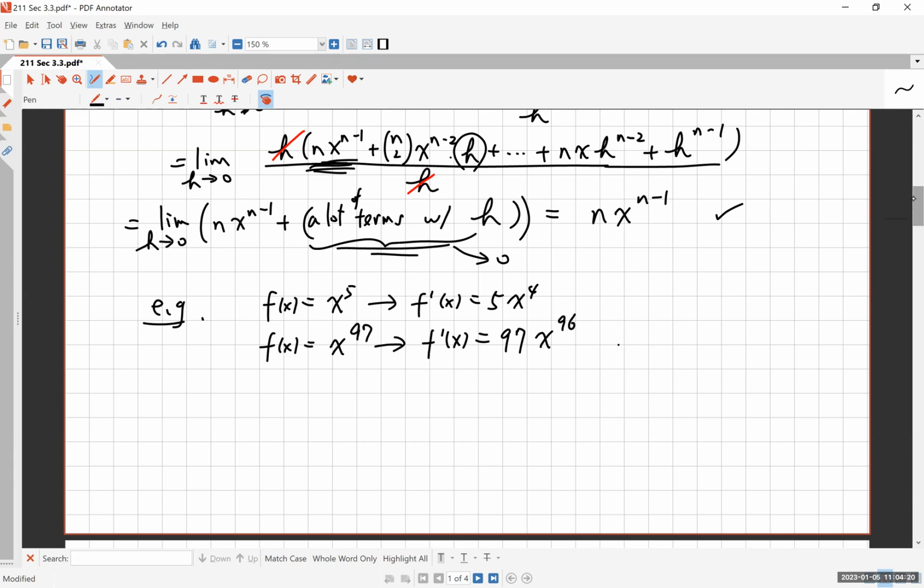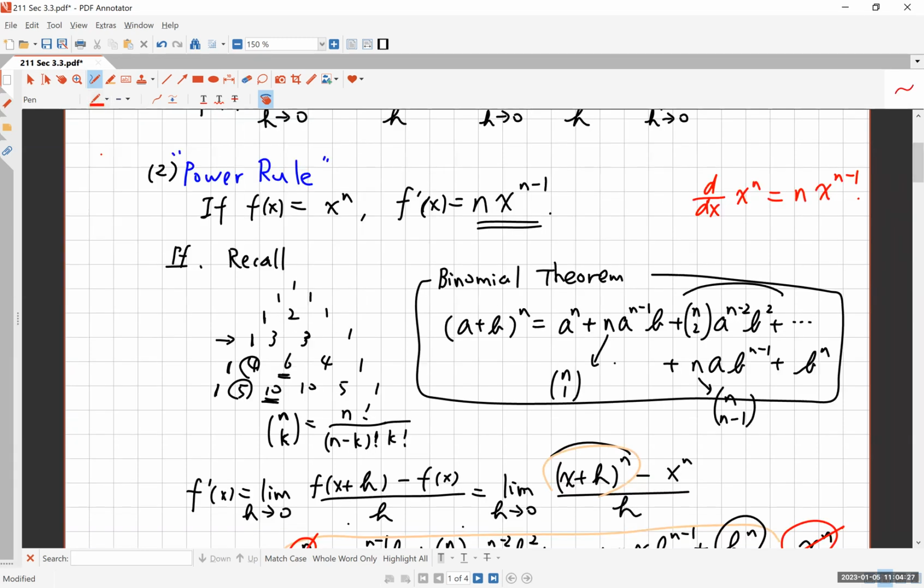Well, now the thing is, I didn't tell you what n is, right? Because we proved this power rule using the binomial theorem, we assume n is a positive integer. n could be 1.